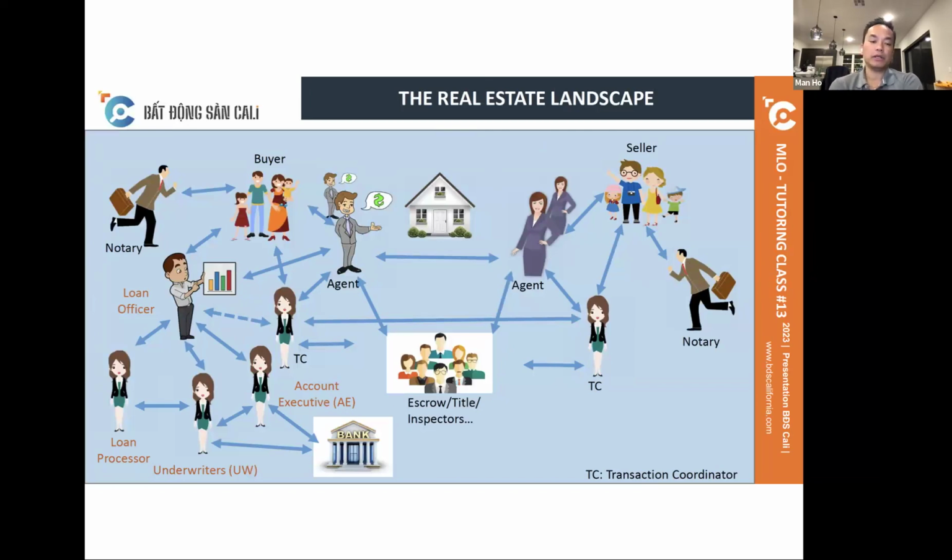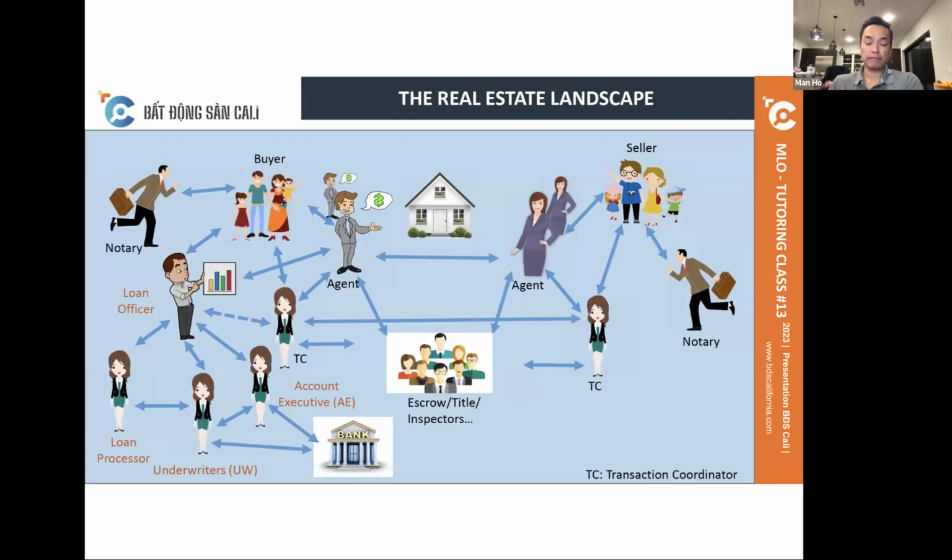Sometimes as an MLO, it's not your job to explain real estate to the borrower or the buyer, but having knowledge about real estate does help a lot. It first makes the borrower understand the steps, the process, and all the information regarding real estate, as well as lending, mortgages and so on.